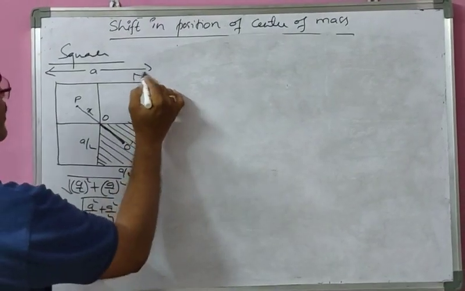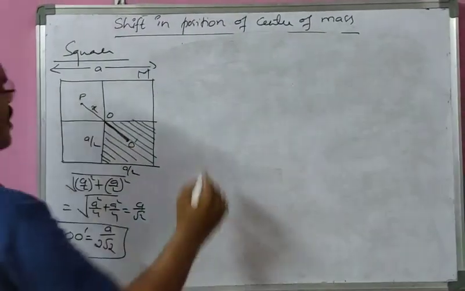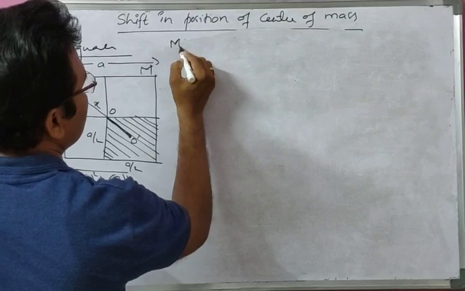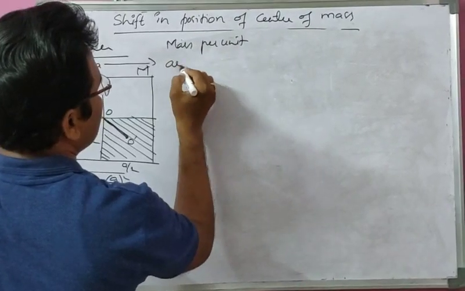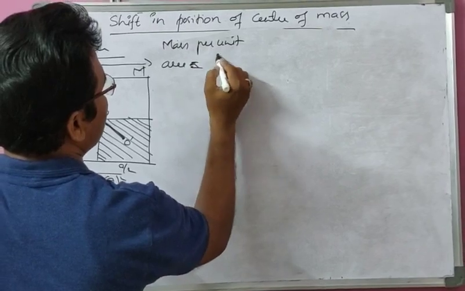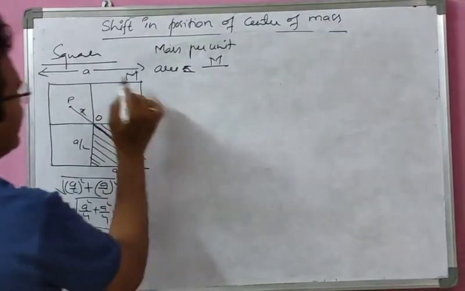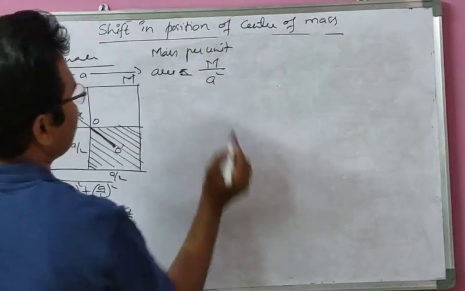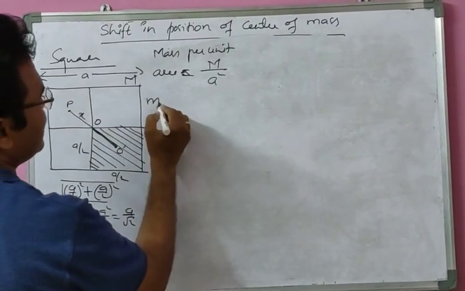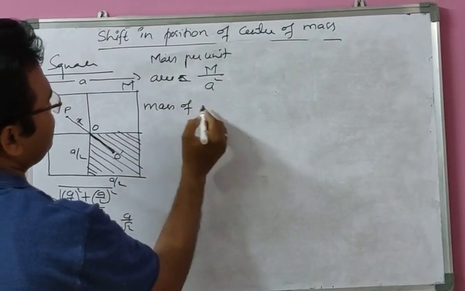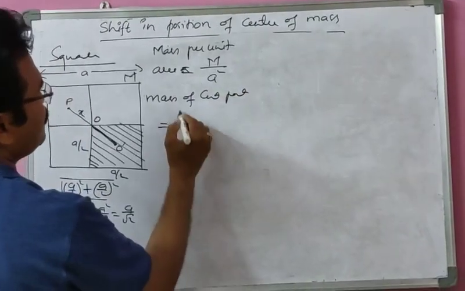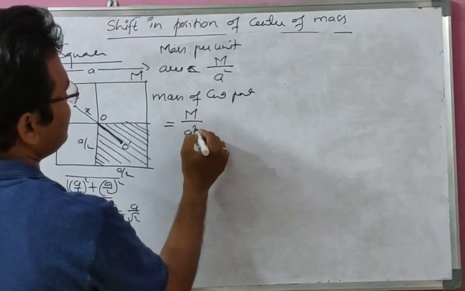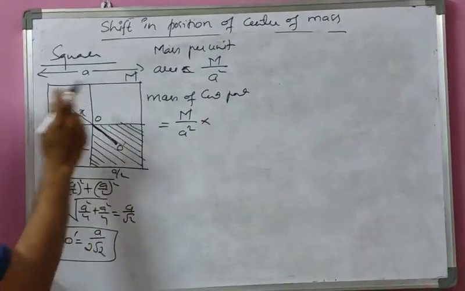Let us take the mass as M again. So what is the mass per unit area? Since it is a square, mass per unit area is M by A square. What is the area of the remaining part?